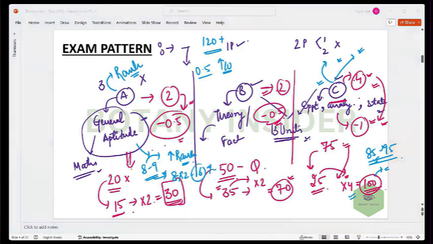I'll be showing you general aptitude questions also and everything. You'll get to see some questions are so easy that you just have to keep on working on these questions on a regular basis in your preparation time without any extra effort.